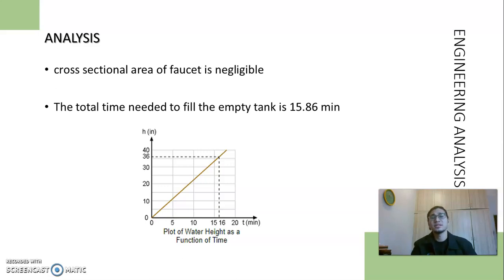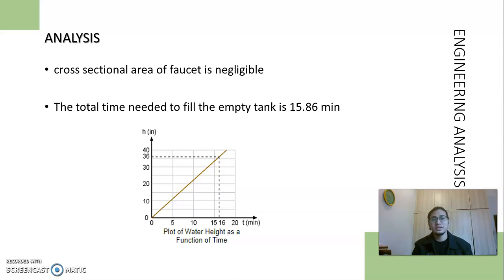Next one is analysis. This is the analysis that I came up with from the calculation. The cross-sectional area of the faucet is negligible, as stated in the question. Next, the total time needed to fill the empty tank is 15.86 minutes. I got this information from the calculation that I did before.